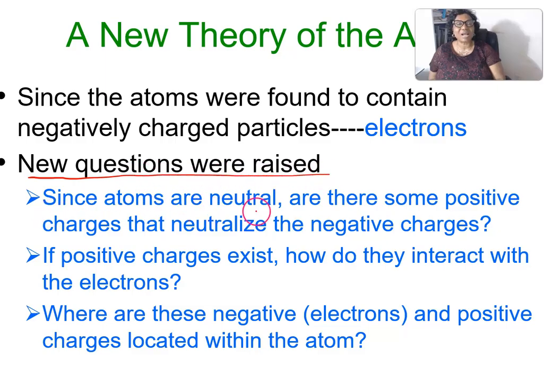Since atoms are neutral, are there some positively charged particles in the atom that neutralize the negative charge? If a positive charge exists, how do they interact with the electrons? And where are these negative electrons and positive charge located within the atoms? These were questions that came up, and further investigations were required and were done.